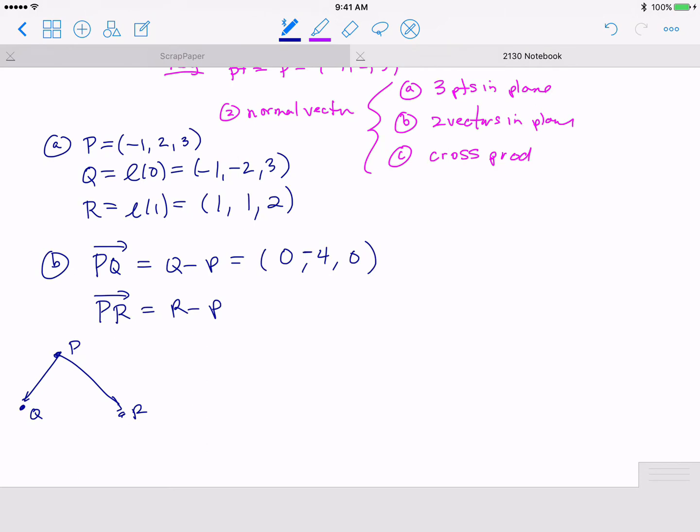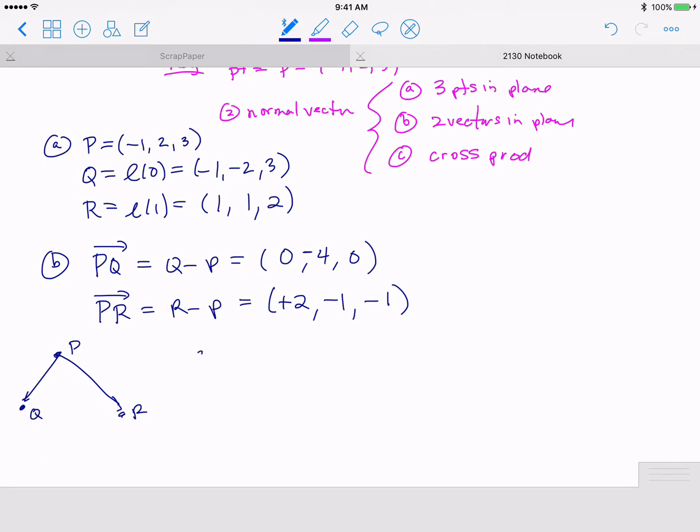And then R minus P is (2, -1, -1). Okay, so there are your 2 vectors.